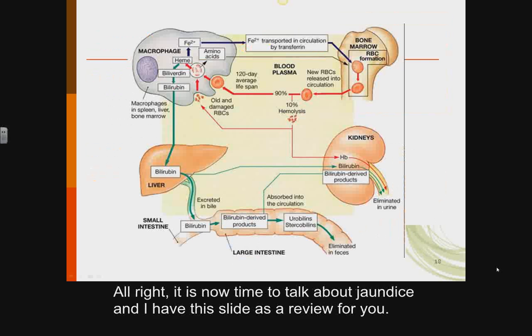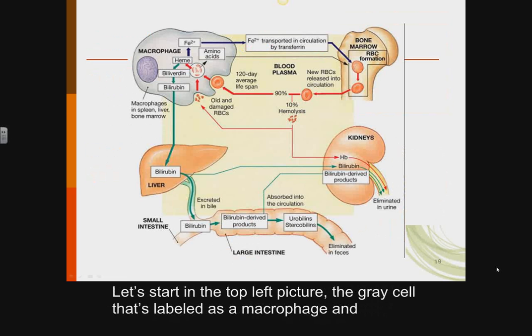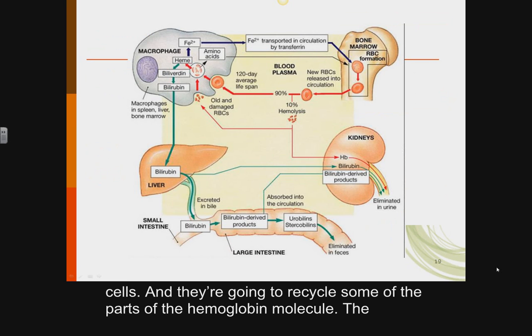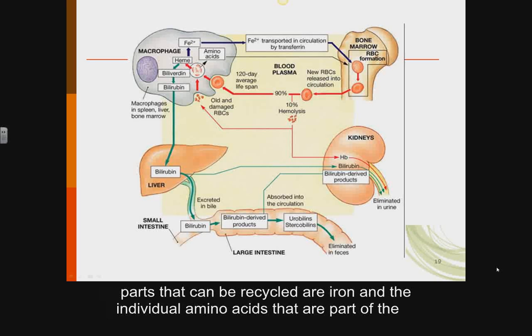Alright, it's now time to talk about jaundice, and I have this slide as a review for you. Let's start in the top left picture. The gray cell that's labeled as a macrophage, and I'll remind you that macrophages can ingest many, many old and damaged red blood cells, and they're going to recycle some of the parts of the hemoglobin molecule. The parts that can be recycled are iron and the individual amino acids that are part of the globin chains.